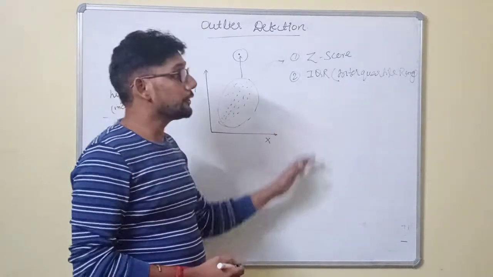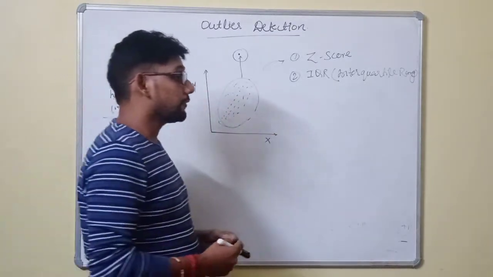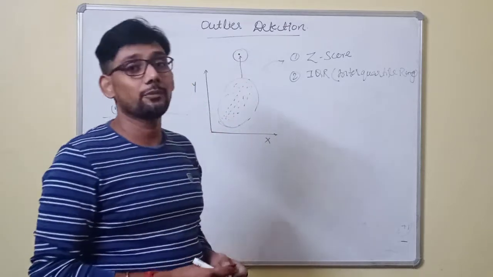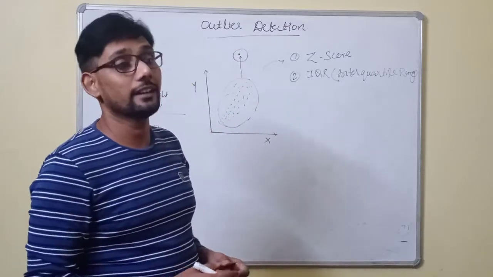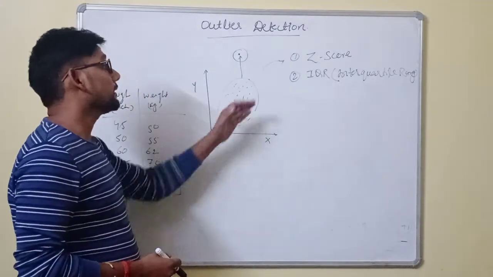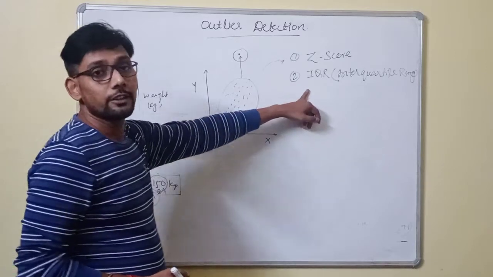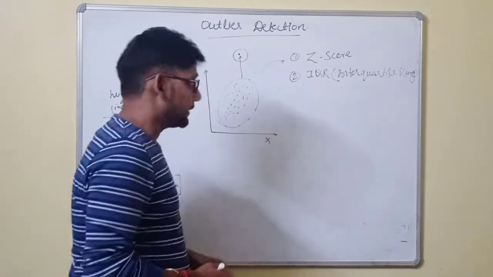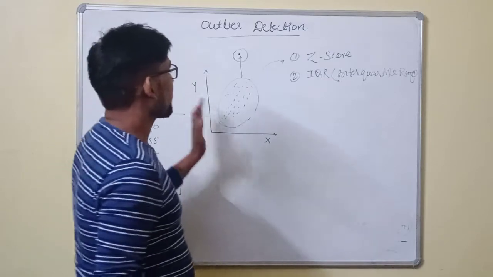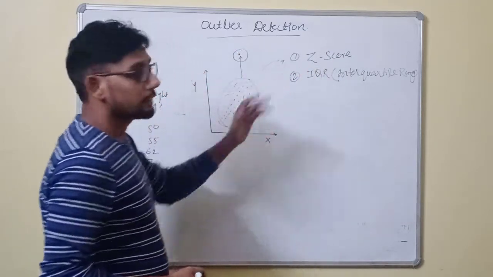In the third video we will use some widely used data set in the market, like we can download the data from Kaggle or any other data sources, and we will see some practical implementation of Z-score and IQR to detect the outliers, right? So let's discuss the concept of both these statistical techniques to detect the outliers.